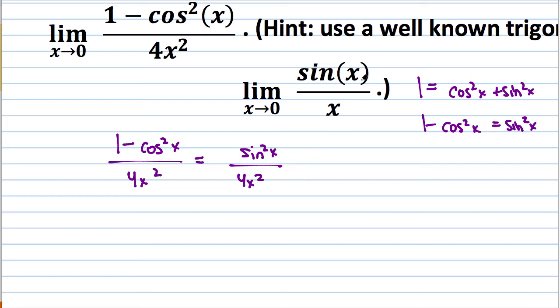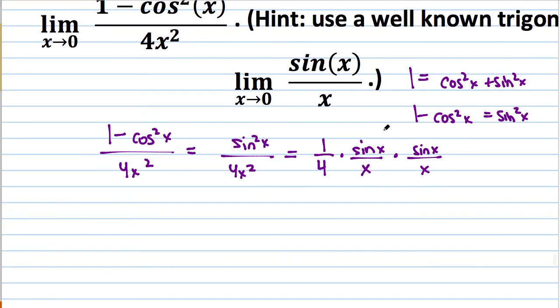Now I can rewrite this again if I want to use sine of x over x, because if I split it up, this is 1/4 times sine x over x times sine x over x, because this is sine x over x squared.